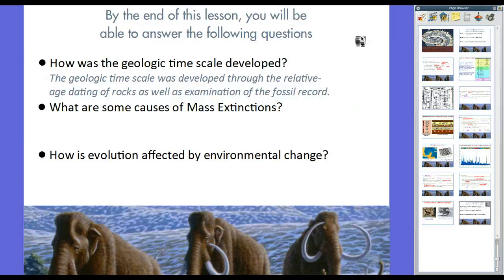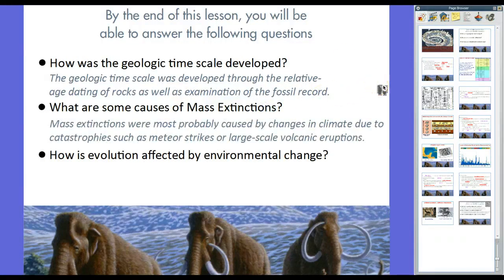Now, what are some causes of mass extinction? Mass extinctions were most probably caused by changes in climate due to catastrophes such as meteor strikes or large-scale volcanic eruptions. A huge meteor hits the Earth, creates a huge crater, causes huge global climate change, and lots of things die off.